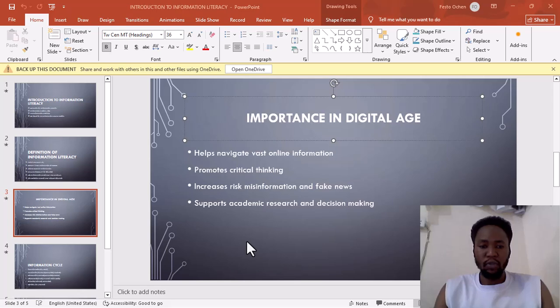It helps the new generation navigate vast online information. You can go onto Google, search for anything you feel like, go into any website, and get any source of information you would like to know.